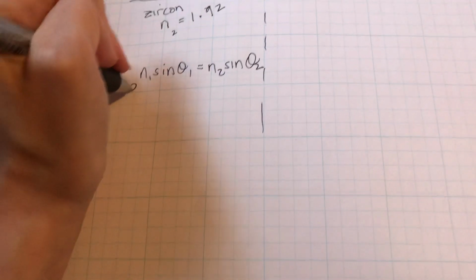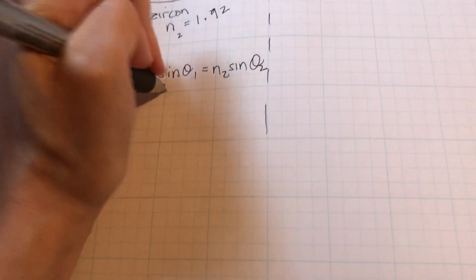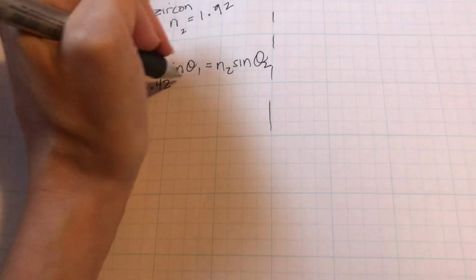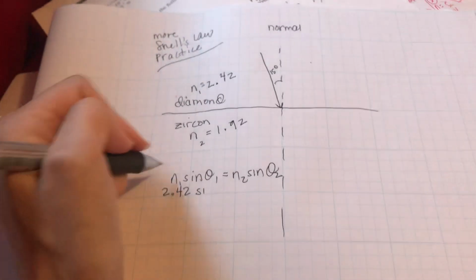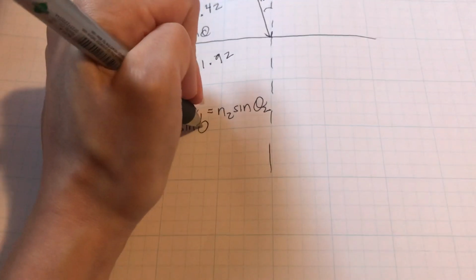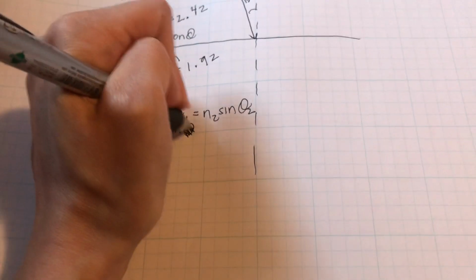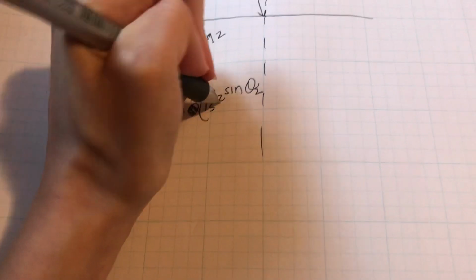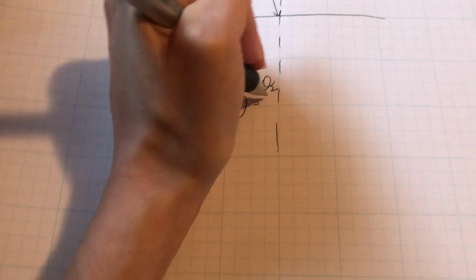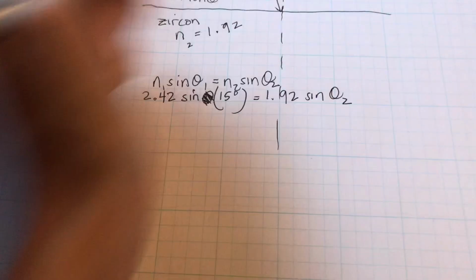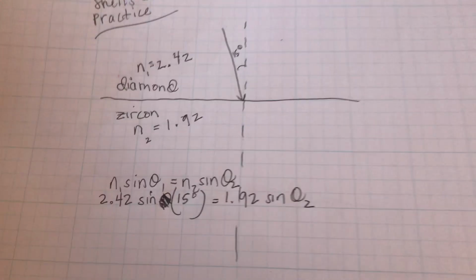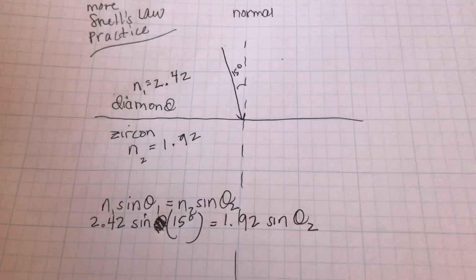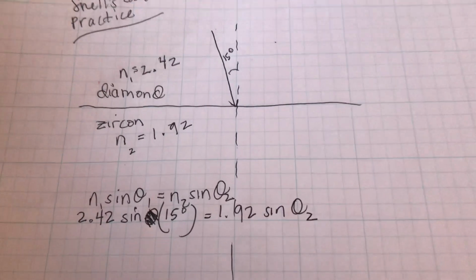Plug everything in. For our first medium, make sure that you're matching up the proper index of refraction with its corresponding angle. We know theta 1 is 15 degrees, and that's going to be equal to 1.92 sine theta 2. So theta 2 is currently unknown. Just make sure that your calculator is in degree mode.